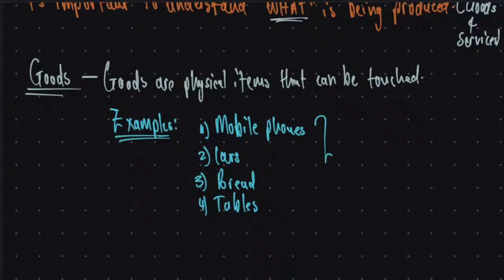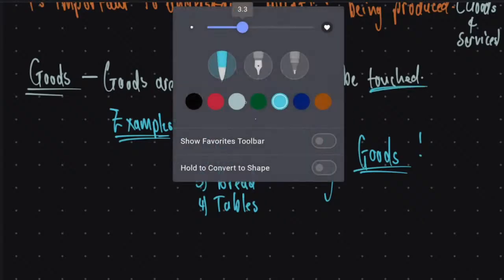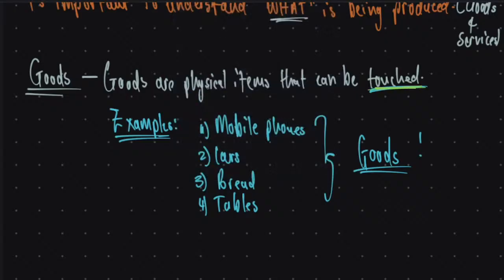Why are they goods and not services? Because you can touch them. Physical items that can be touched. So the key thing for something to be a good is you should be able to touch it.